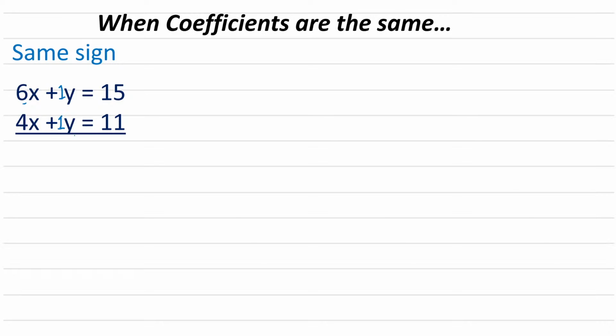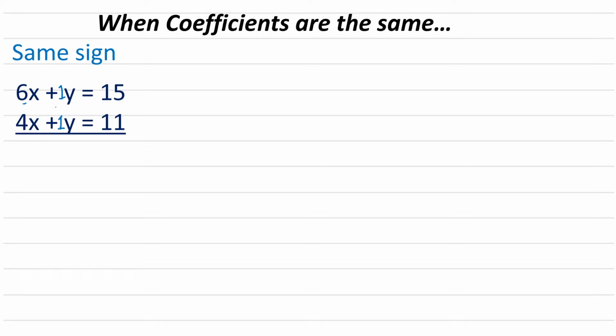We don't normally write it there. If this 1 is not there, it doesn't mean it's a 0. It means it's 1. So when the coefficients are the same, we look at the x's. Do they have the same coefficients? The x's don't. This one has 6, this one has 4.